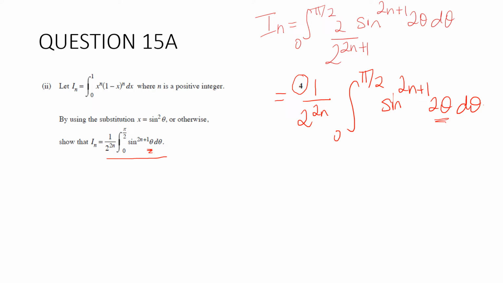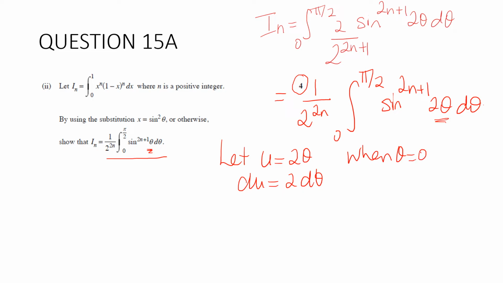We're going to make a substitution. Let u equal 2 theta, and that means du is equal to 2 d theta, and when theta is equal to 0, u is equal to 0, and when theta is equal to pi on 2, u is equal to pi. Okay, let's make that substitution.